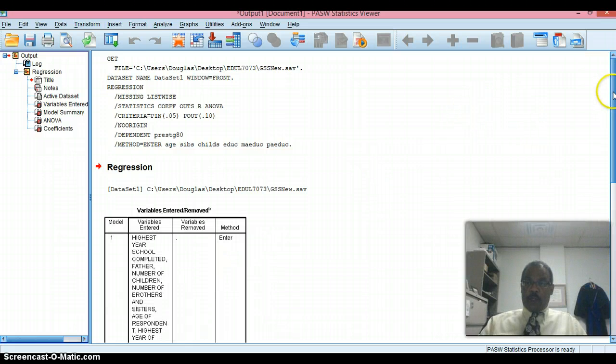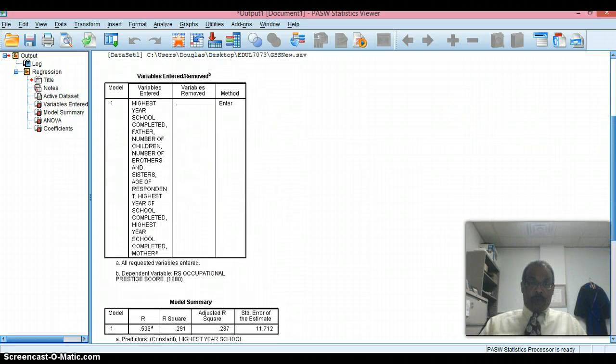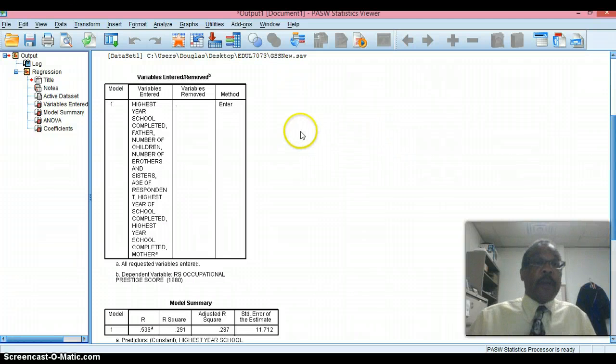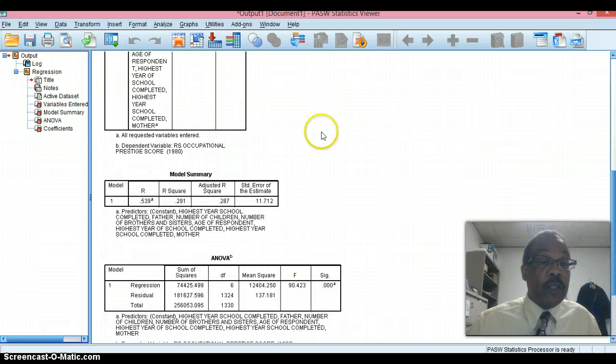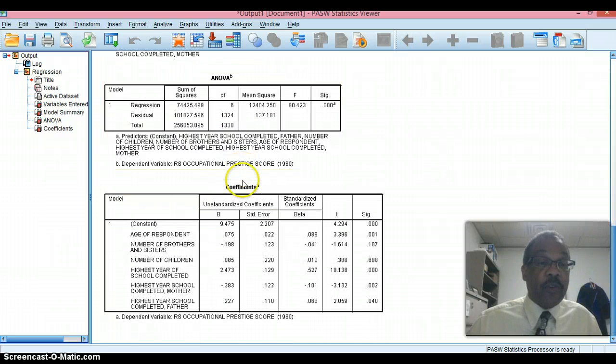And as usual, and I'm not going to spend a great deal of time on these, the first table is the variables that are in our equation. You could check them to make sure that they're the correct ones, and you'll notice we have what the correlation is, and the correlation is 0.539 with the ANOVA.